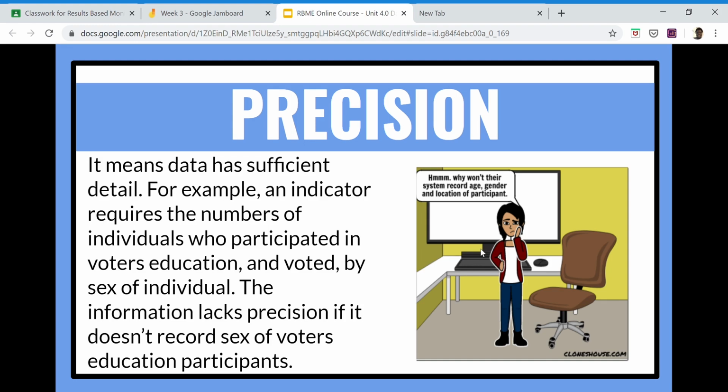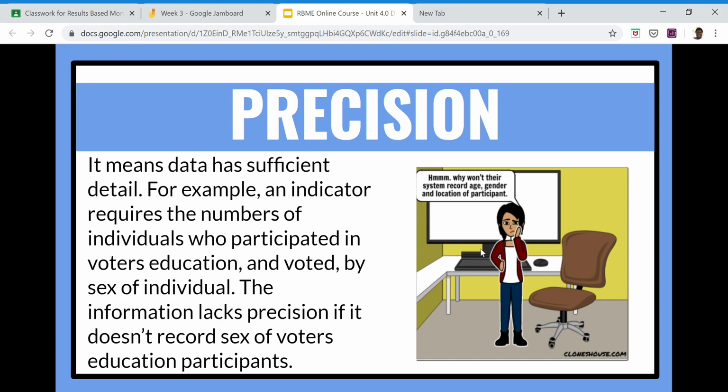If you're looking at the percentage of households using the chlorine distribution kit to purify the water, and you say by sex, for example, but when reporting you miss out on reporting by sex and just report by household, that means you're not as precise as possible. That data is not actually precise. It means you're missing something, and the data auditor should be able to inform you about that.